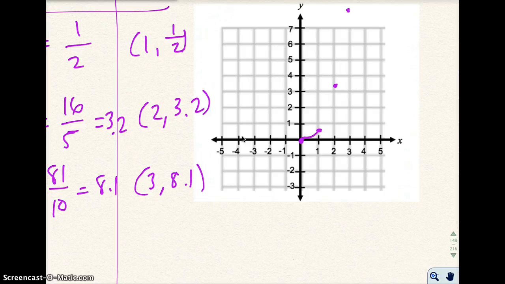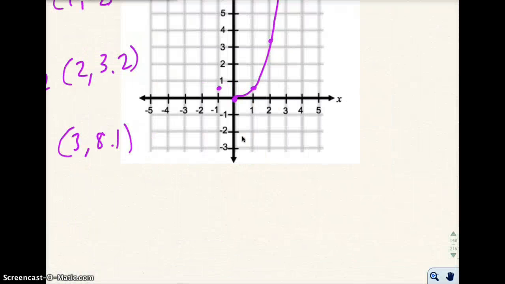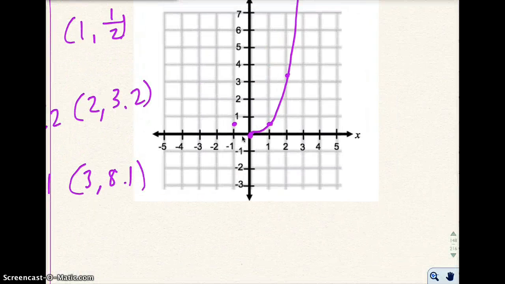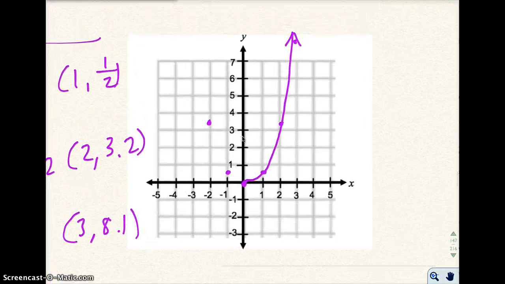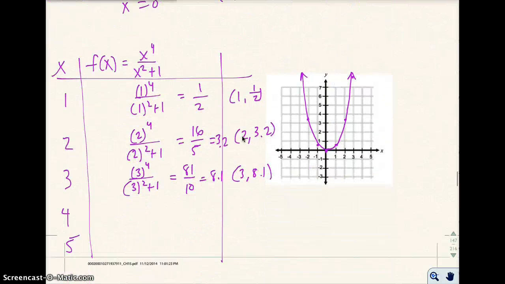Since I have y-axis symmetry, I can reflect the points onto this side. There's that function right there. So there's no vertical or horizontal asymptote on that one.